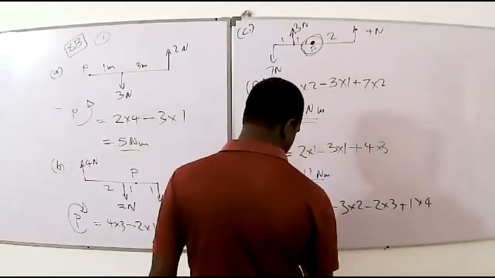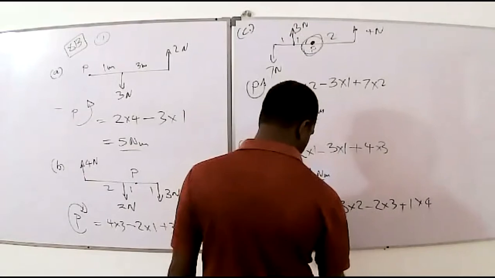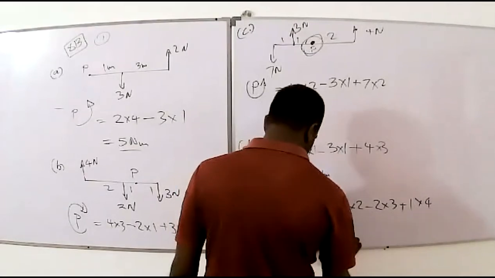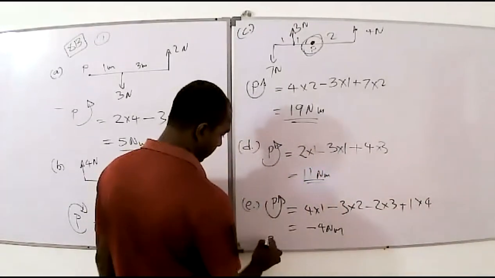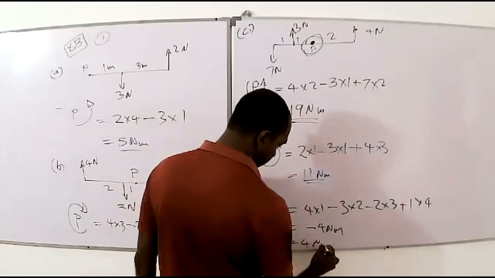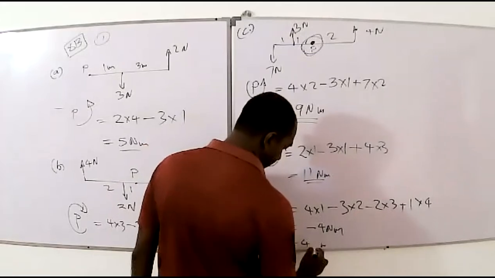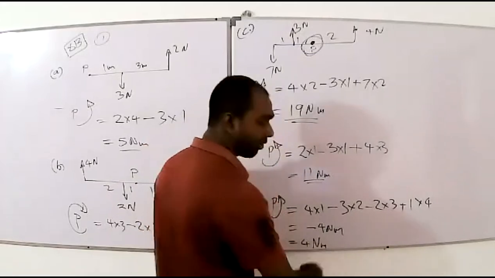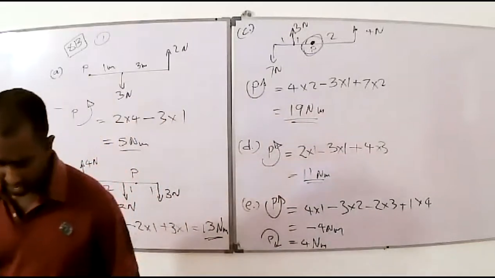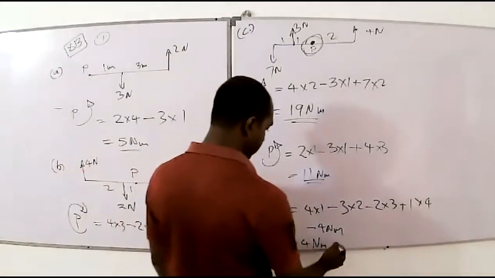How much are we getting? 8, 12. So minus 4 Newton meters. If I need it positive, it's going to be clockwise 4 Newton meters. In the book, they always write it as clockwise 4 Newton meters. So in the paper, as a practice, you write it clockwise.